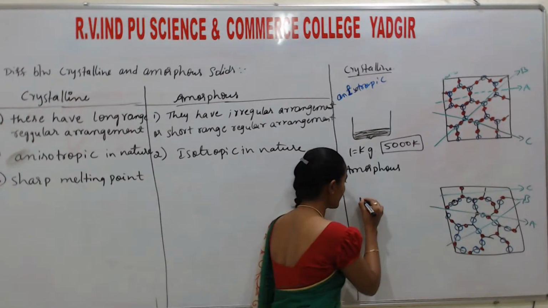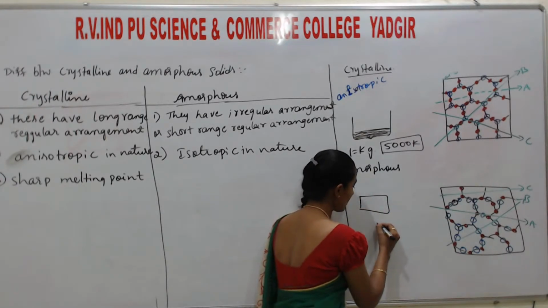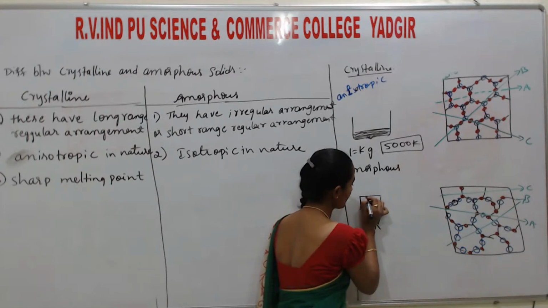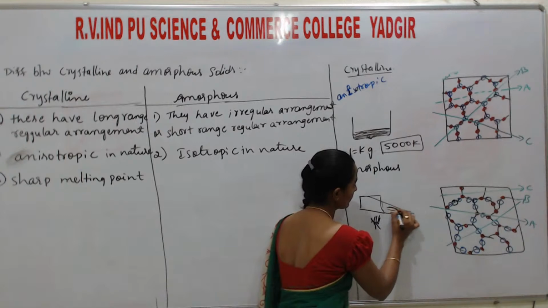First we supply some amount of heat, then only this portion starts melting like this and becomes liquid. Correct?